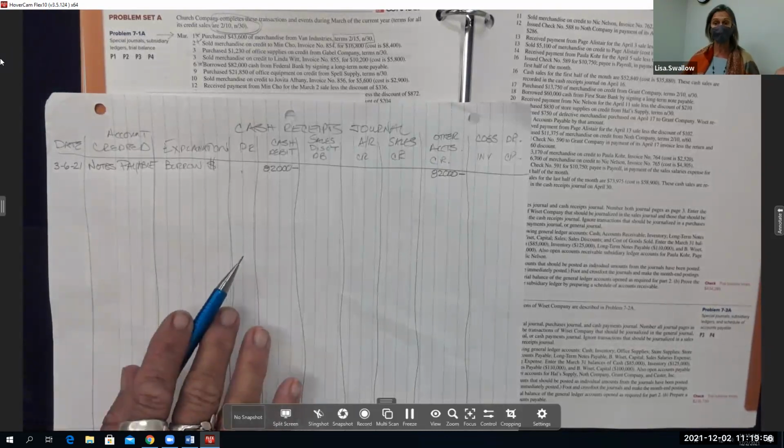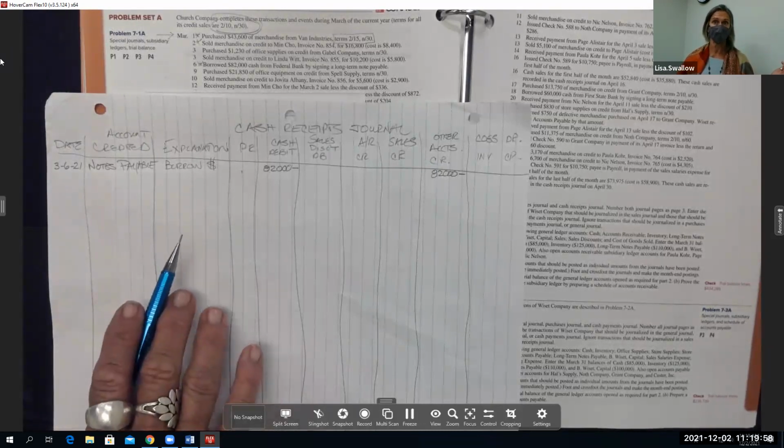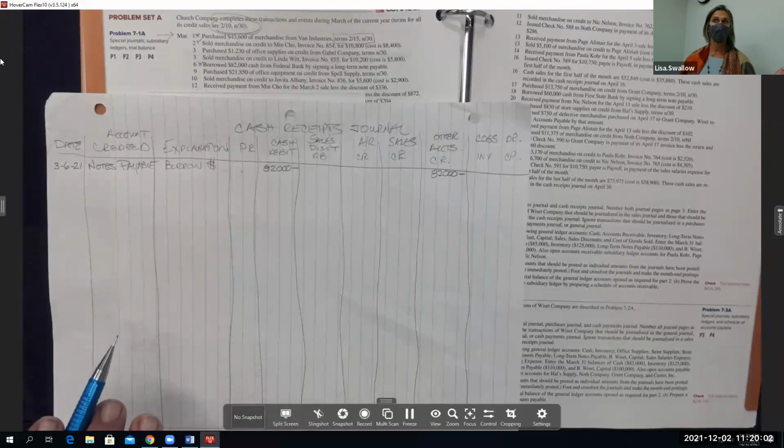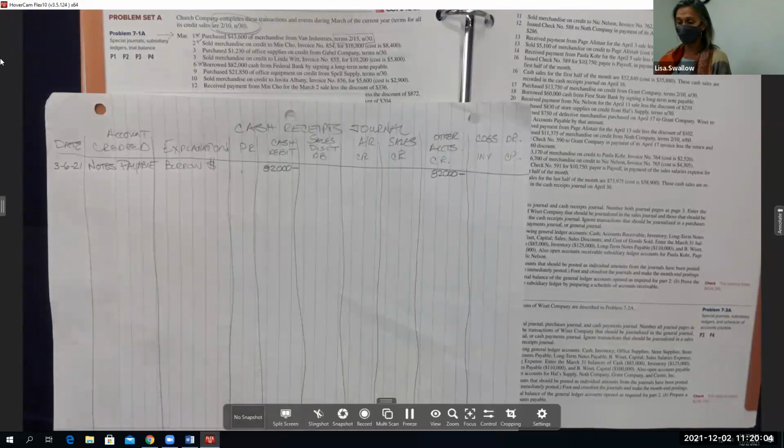So please go look at your cash receipts journal and see if you guys can figure this out. You've got to go get the sales information from the sales journal, right? So go look at Min Cho. How much do they owe us? What was the discount, blah, blah, blah, and see if you can get this into your cash receipts journal.